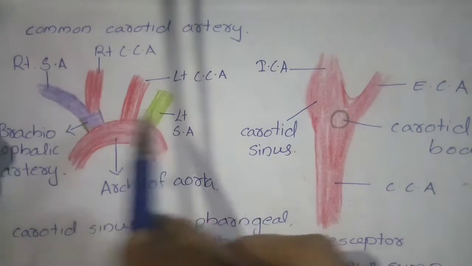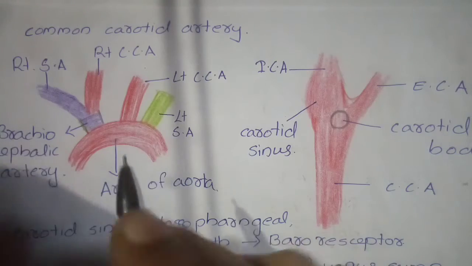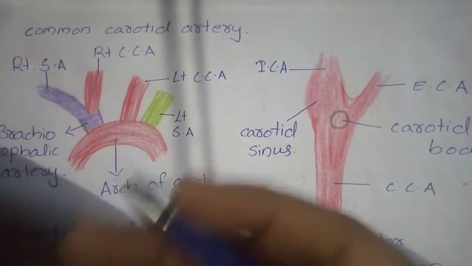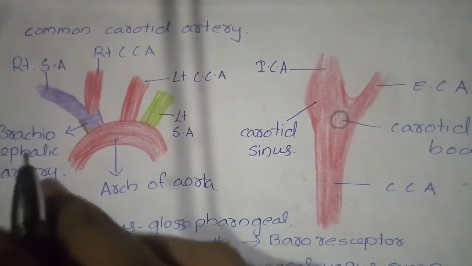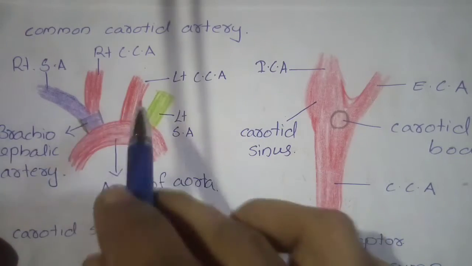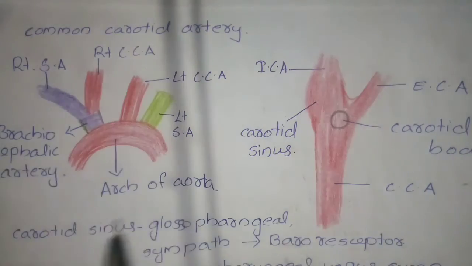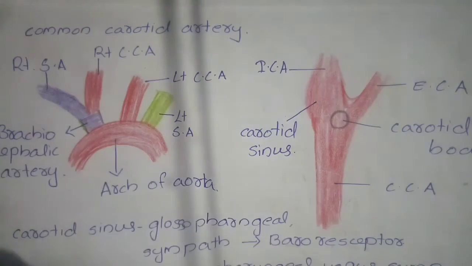I have colored the right subclavian, brachiocephalic artery and left subclavian artery in different colors to help you understand the right common carotid artery and left common carotid artery in red. In the exam you need to draw all these arteries in red.